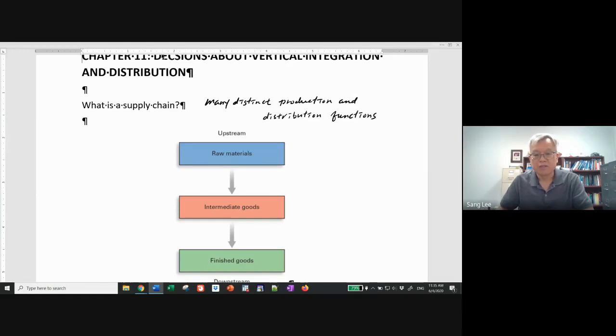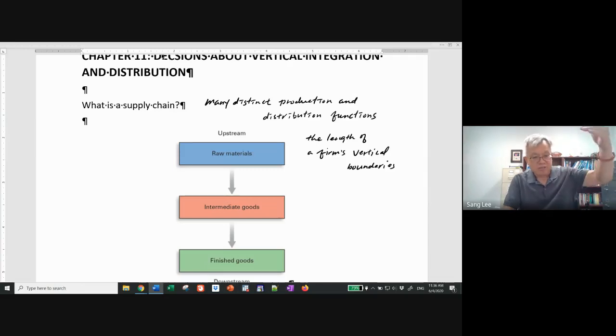And so it is all about the length of a firm's vertical boundaries. Production starts at the top of the supply chain with the acquisition of raw materials.